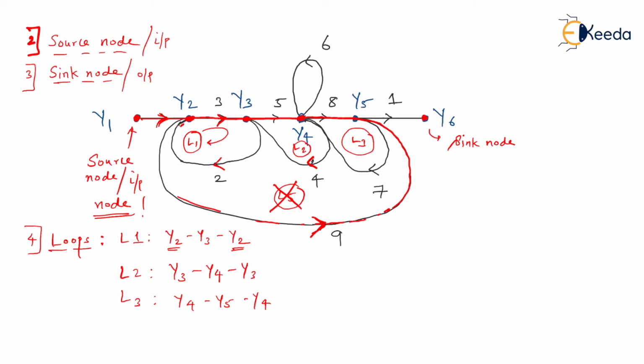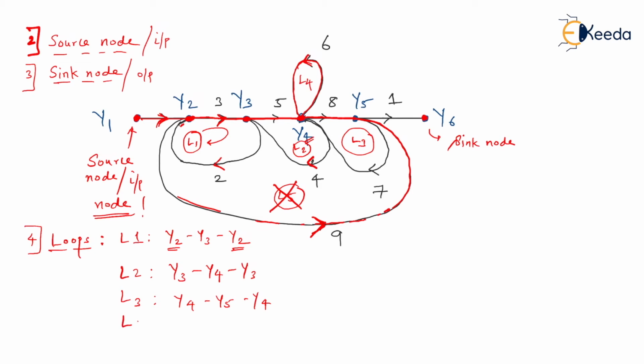But as you can see, look at this y4. It is starting from y4 and getting back to y4 only. So I can consider this as a loop, in fact loop number 4.